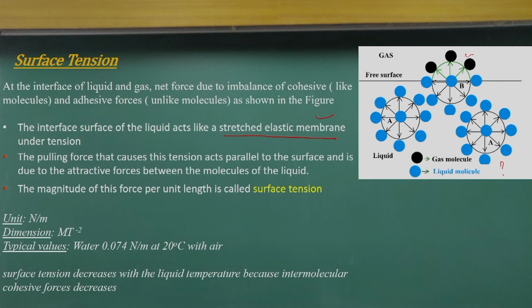For example, if you have a rope connected between two pillars and you apply a force uniformly, a tension force acts on it. In a similar way, we can visualize that the molecules at the surface have a net imbalance between the cohesive and adhesive forces.